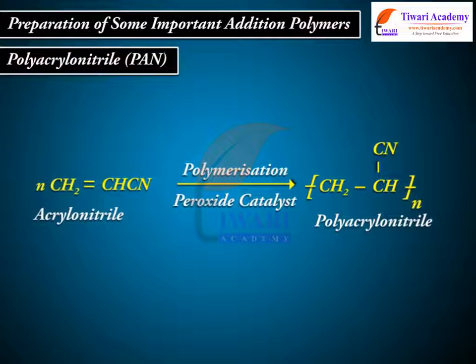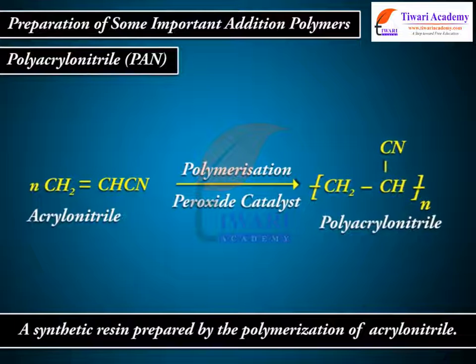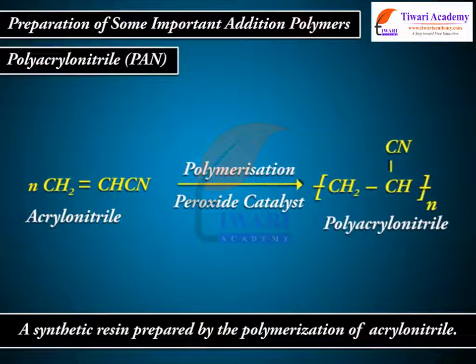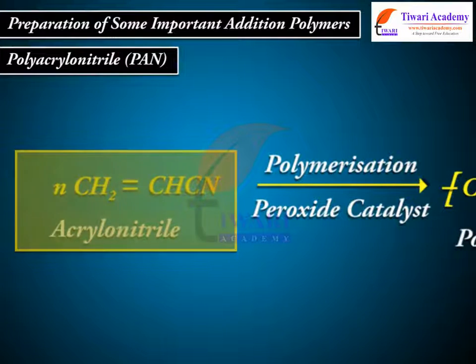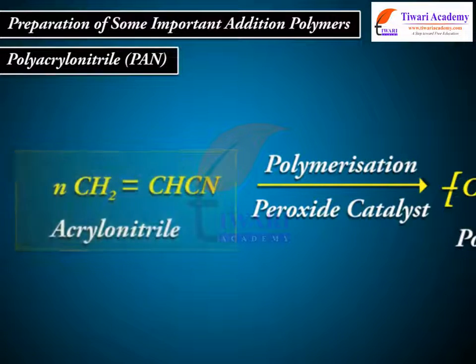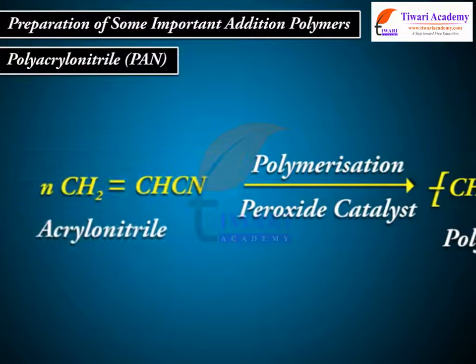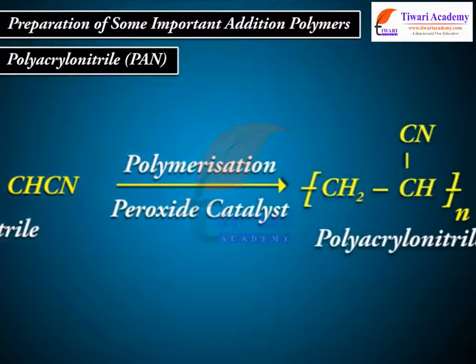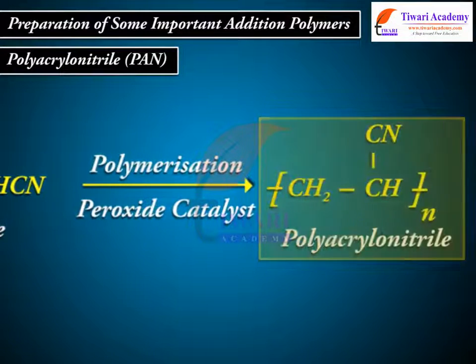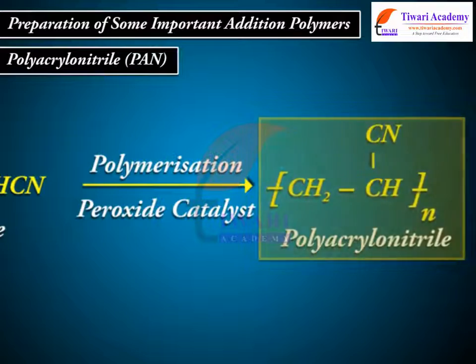Polyacrylonitrile, PAN, a synthetic resin prepared by the polymerization of acrylonitrile. n CH2=CHCN, acrylonitrile, polymerization with peroxide catalyst gives (CH2-CH(CN))n, polyacrylonitrile.